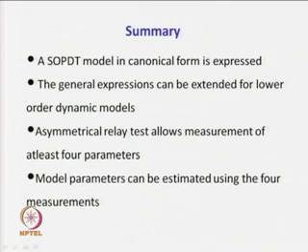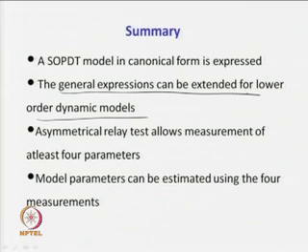The general expressions we have obtained can be extended to lower order dynamic models. Keep in mind, the greatest advantage of this study is that all the expressions are general in nature, and with suitable substitution of limiting values, it is possible to derive analytical expressions for simpler real time systems, for which you have simple transfer function models.